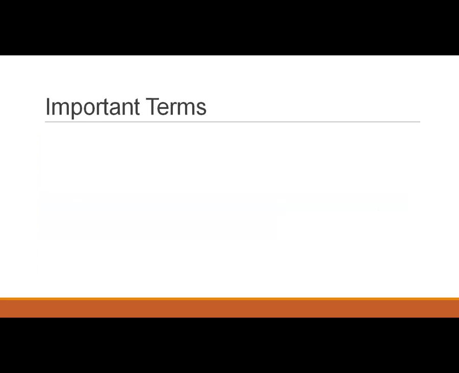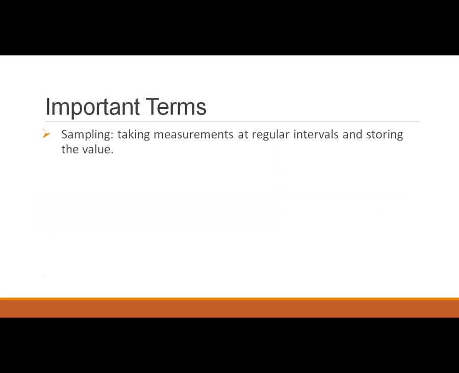There are some important terms in this. First one is sampling. Sampling means that you're just recording something at regular intervals of time. In this case, we are recording the amplitude of the sound wave. Sampling rate means how many samples have been taken per second.